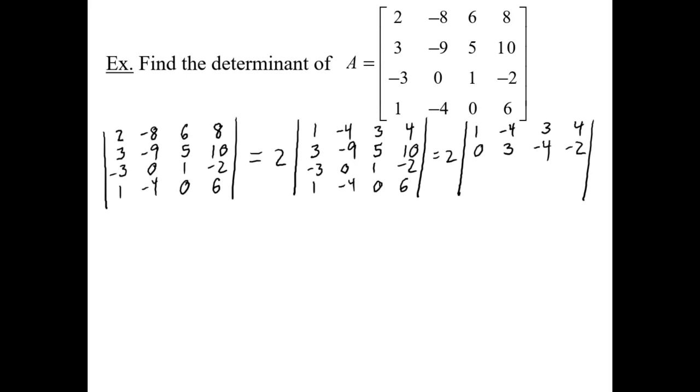Okay, multiply the top row by +3 and add the third row. We get 0, -12, 10, 10. Okay. And then now again, we need to be careful. I could do top minus bottom. I could do row 1 minus row 4.